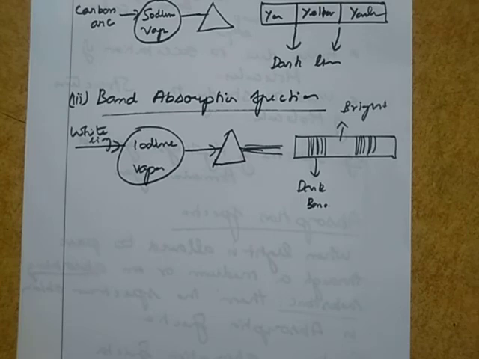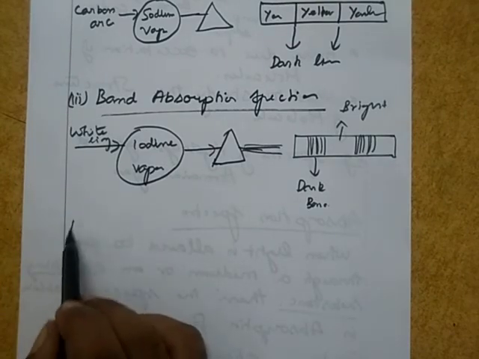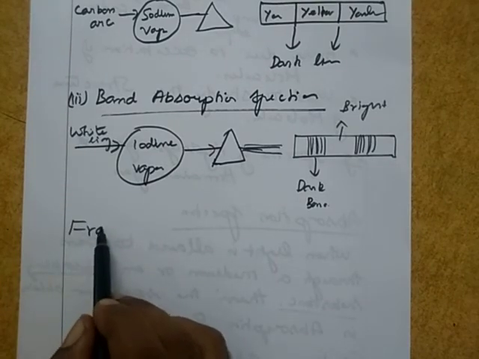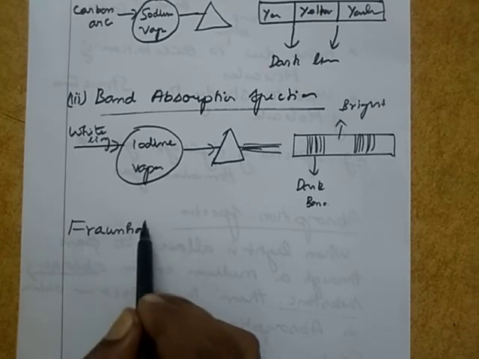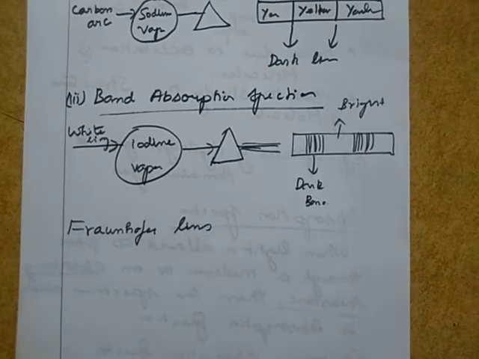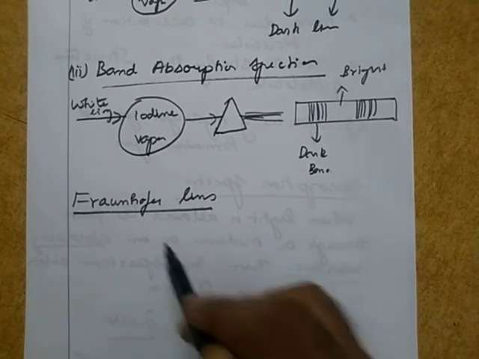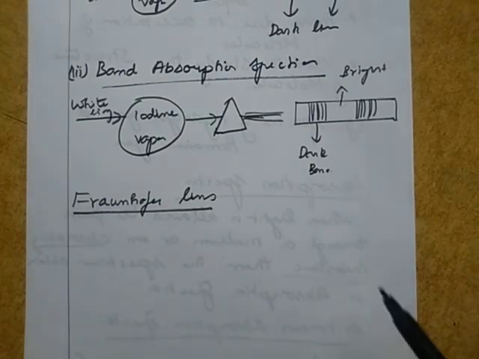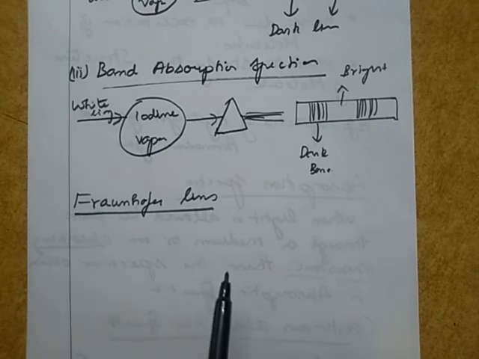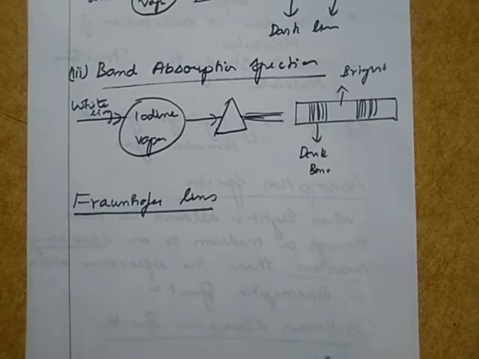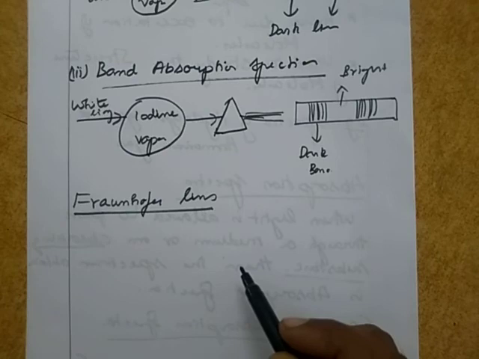Then the final one is the Fraunhofer lines. Using these Fraunhofer lines we can identify the elements present in the sun's atmosphere. When the spectrum obtained from the sun is examined, it consists of a large number of dark lines. Those lines are known as Fraunhofer lines.